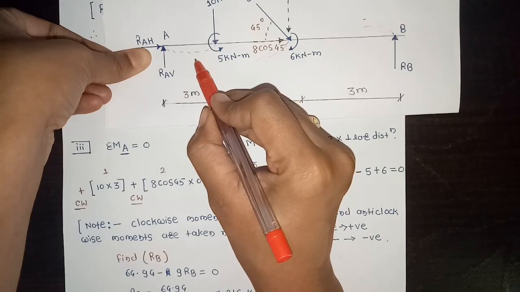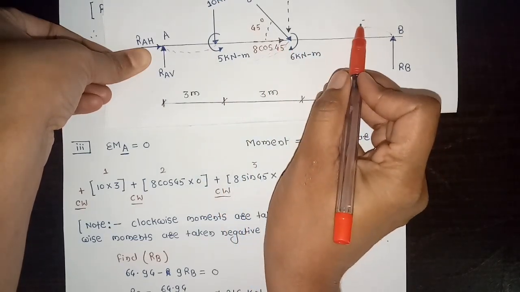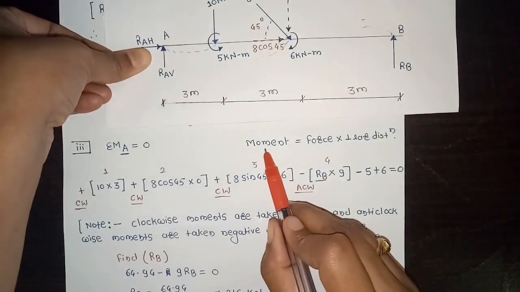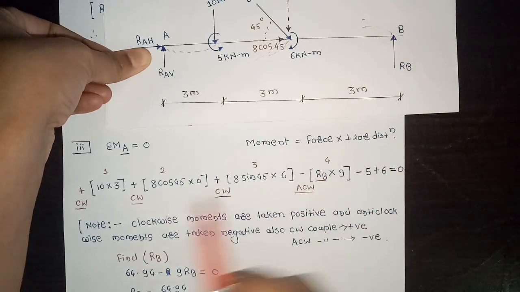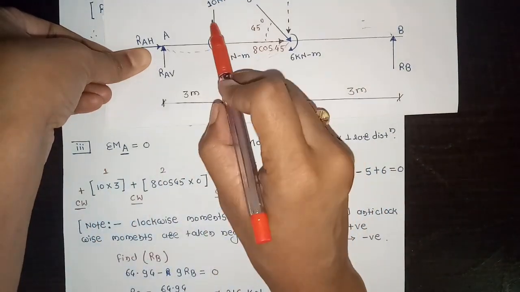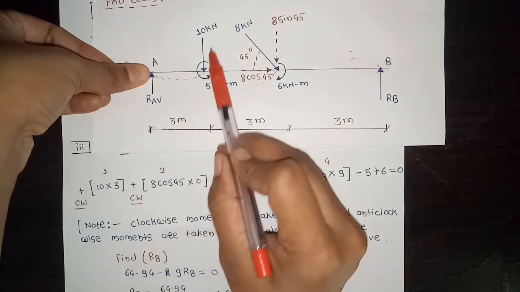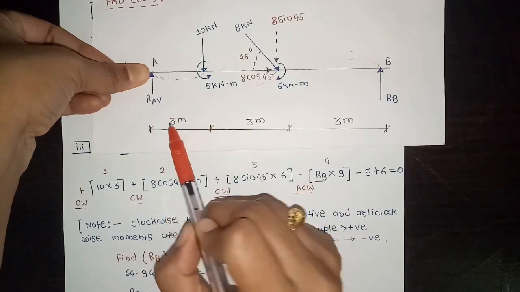So clockwise moment is taken as positive direction and anti-clockwise moment is taken as negative direction. What is the meaning of moment? Moment is equal to force into perpendicular distance. So first force is the 10 kilonewton, then perpendicular distance 3.